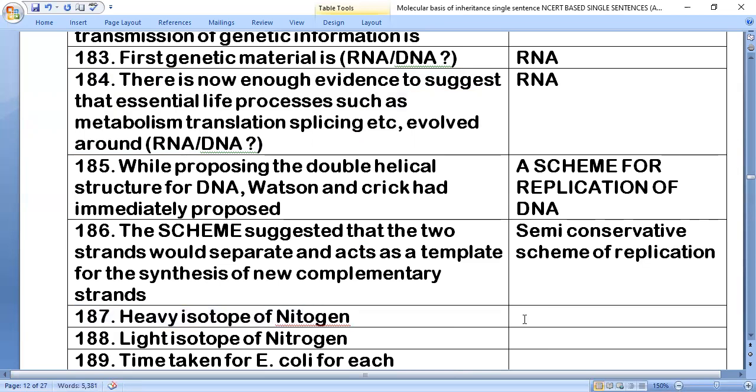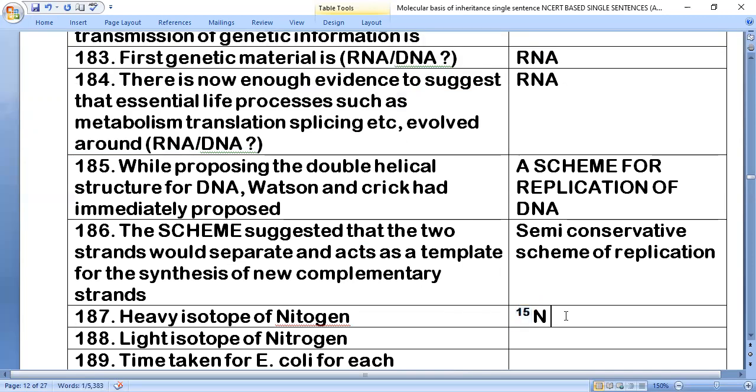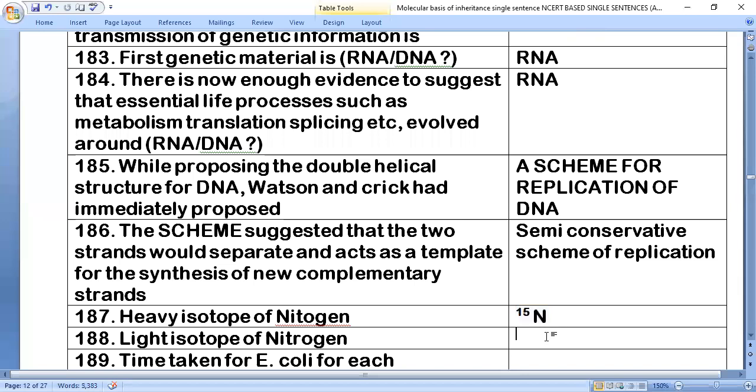Heavy isotope of nitrogen, N15. Light isotope of nitrogen, N14.